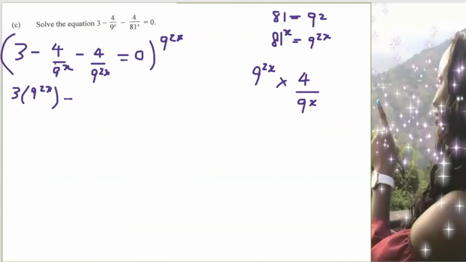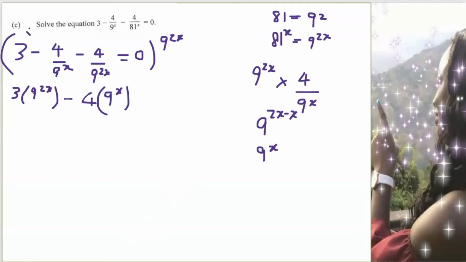Because of the 9 to the power x in the denominator, we're going to write the base once and subtract the powers. So we have 2x minus x, and that will give me 9 to the power x. So I write the 4 and then 9 to the power x.